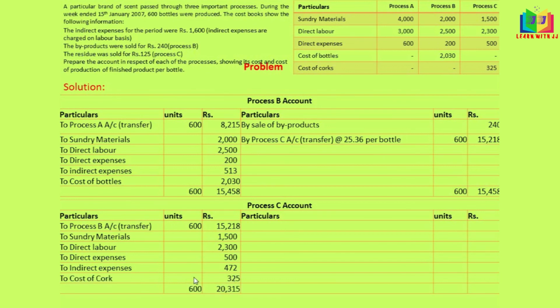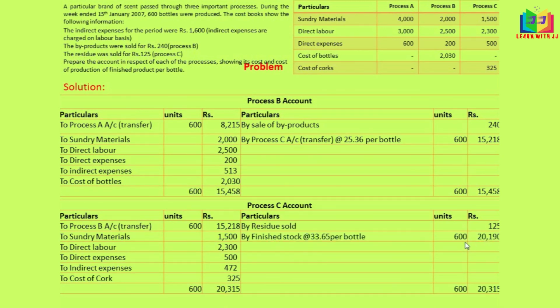I have written the total of this. And on the credit side, we have a residue sold, for 125 rupees. That we can write on the credit side. We finished writing everything in the process account, so now we can total it.